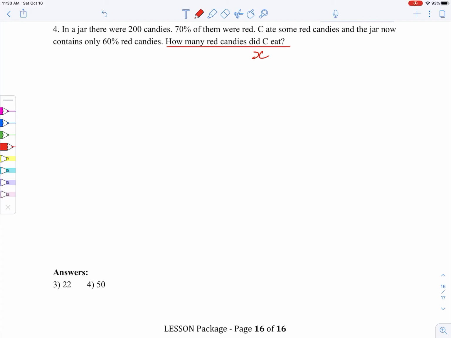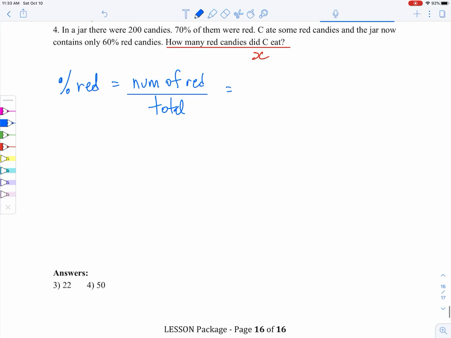And in this question, the percent red is going to equal the number of red candies divided by the total. We started off with 200 candies and 70% of them were red.